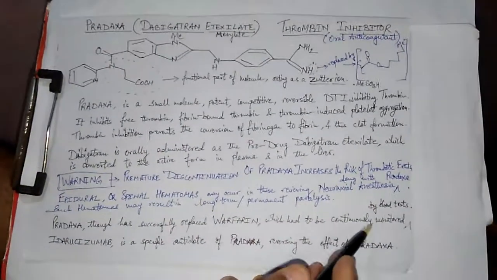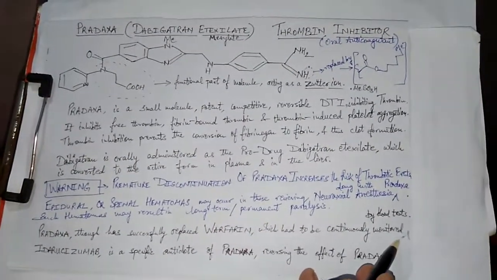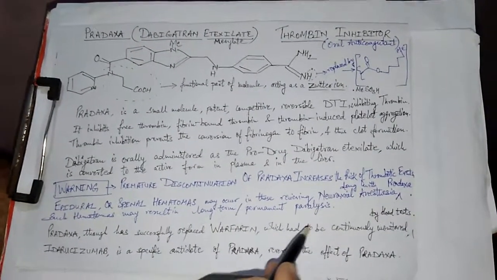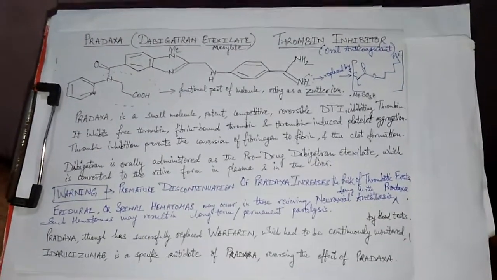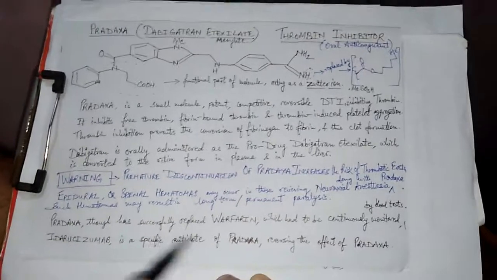But these are eliminated in case of Pradaxa, which need not be continuously monitored by blood tests. The warfarin levels had to be continuously monitored, while Pradaxa levels need not be that continuously monitored by blood tests.